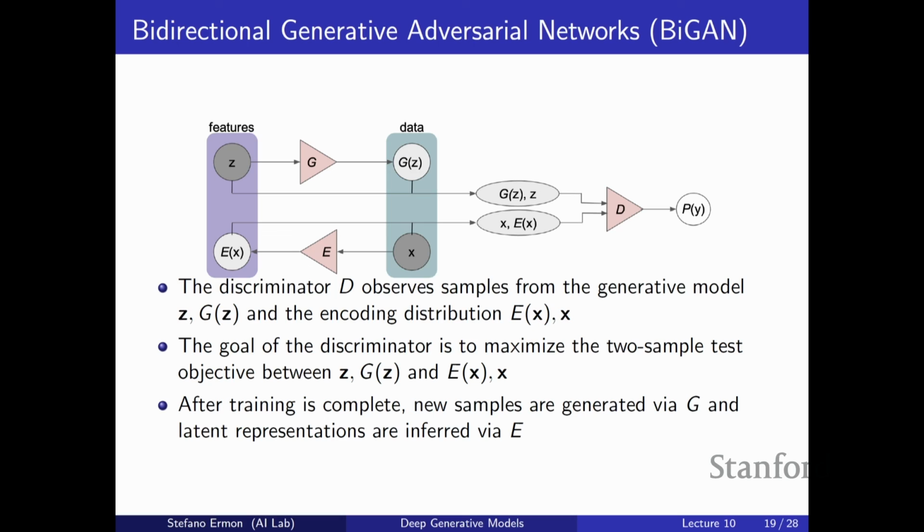How do you get the features from a data point X? You don't use G because you don't know how to invert it, but you've trained a separate model, this encoder model, that is basically trained to invert G. And so on real data, at test time, you just use E to get the corresponding latents. Like a VAE, two different pieces are trained together to fool a discriminator, in this case instead of minimizing an ELBO.